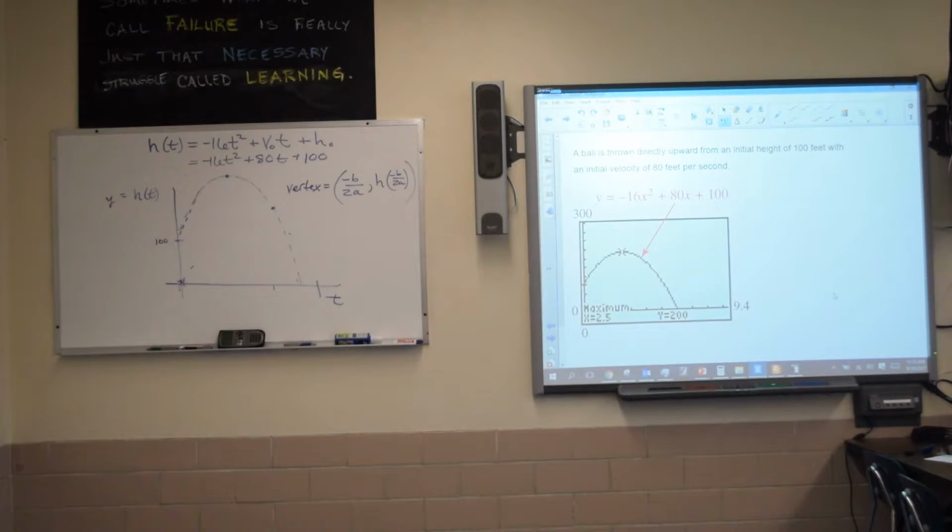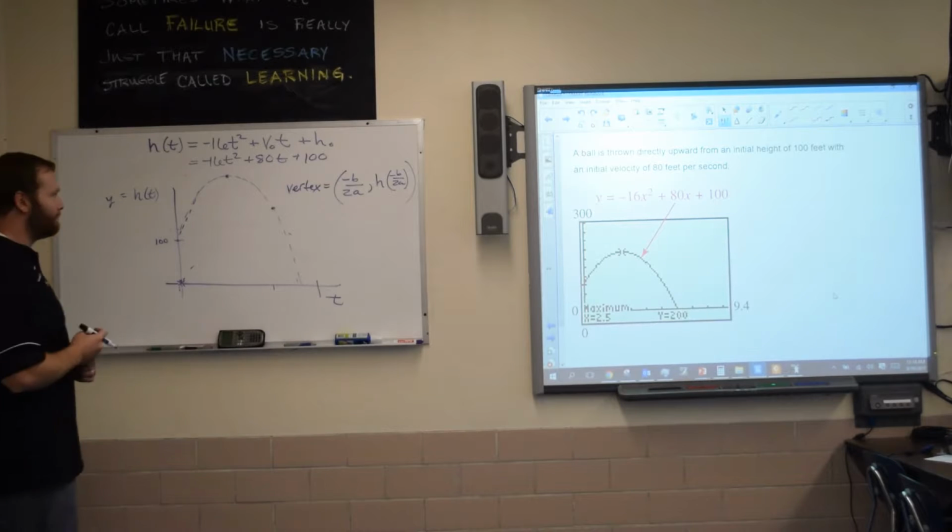And that's how you find the ordered pair for your vertex of any parabola. It doesn't necessarily have to be this modeling situation. Any parabola that we ever want to deal with, take the opposite of b over 2a, and that becomes your x coordinate, or in this case our t coordinate, and then you plug that back into your function, and that gives you your y coordinate, or in this case your h of t coordinate.